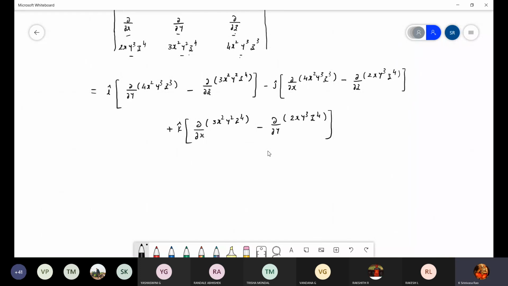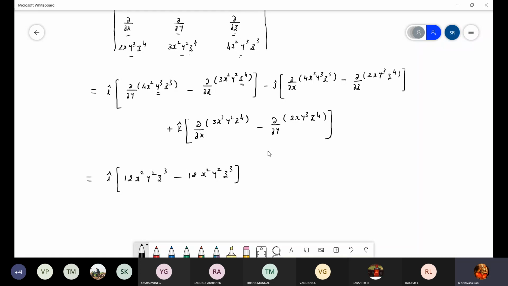Differentiate. i cap into, first one with respect to y, you have to differentiate y cube, 3y square, you will get 12x square y square z cube. This is the first term, minus. Now z you have to differentiate z power 4. Z power 4 is 4z cube, 4 3s are 12x square y square z cube.